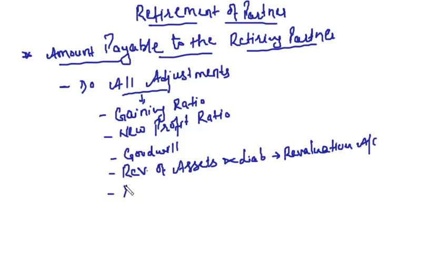Then check if there are any reserves and accumulated profits and losses appearing in the old balance sheet. These have to be distributed among the old partners in old ratio. So first of all, do all the adjustments.